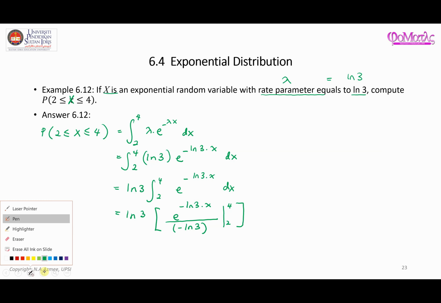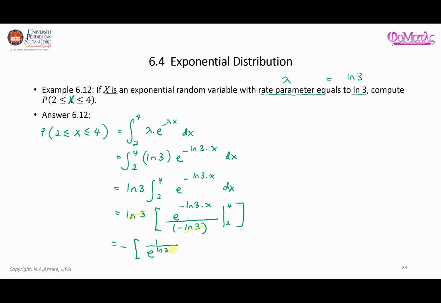Clearly you can see that ln 3 here will be cancelled out, and we are left with negative. This part here can be written in terms of ln 3 times x, evaluated from 2 to 4. We can just substitute the value of 2 into x and 4 into x, and do the usual process.